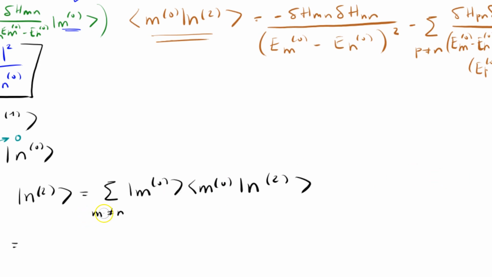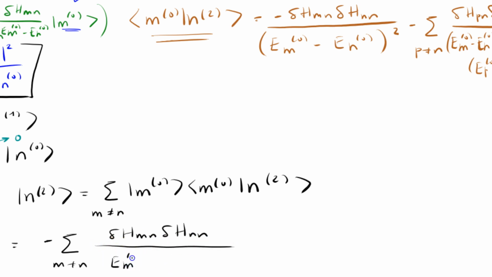Okay, now we just plug it in. Plug and check. Negative sum M does not equal to N, delta H M N delta H N N divided by EM0 minus EN0 all squared times M0.